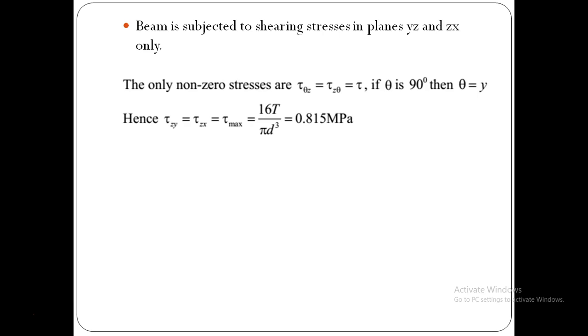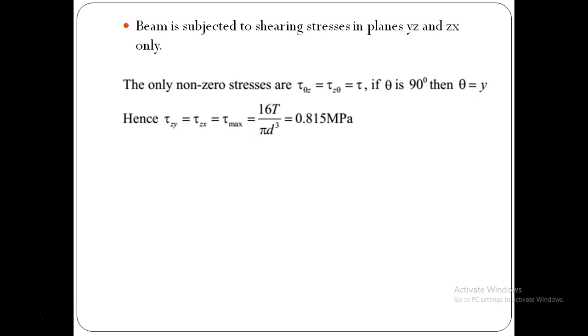So only non-zero stresses are tau theta z and tau z theta. If theta is equal to 90 degree, then theta will be equals to y.